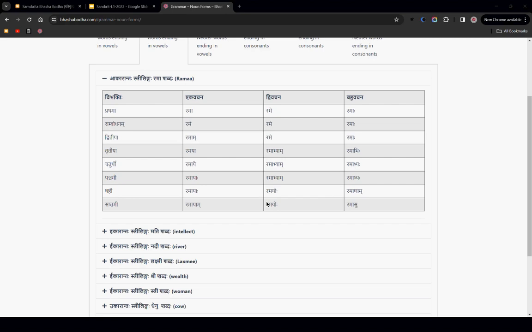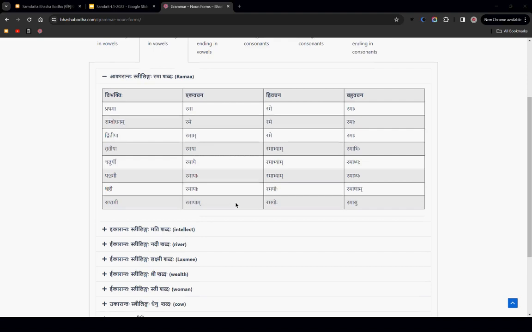Do you know any other name ending in A, like Rama, Sita, Gita, Shastra, Lata, and then Sharkara, sugar.